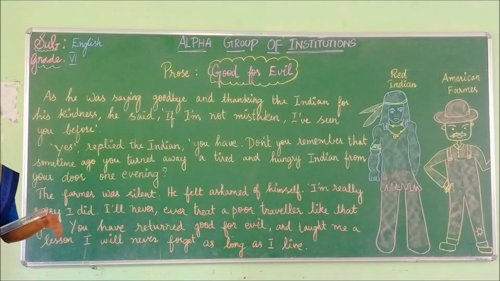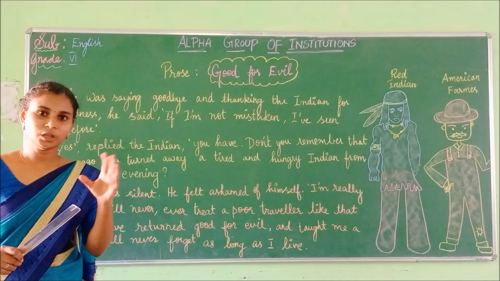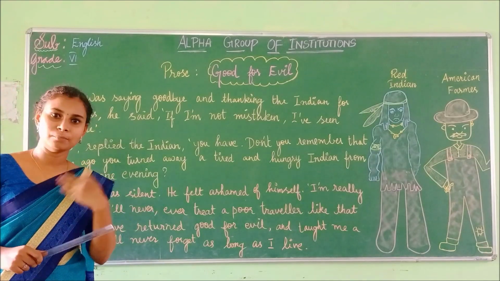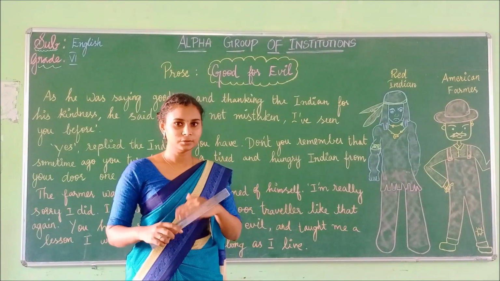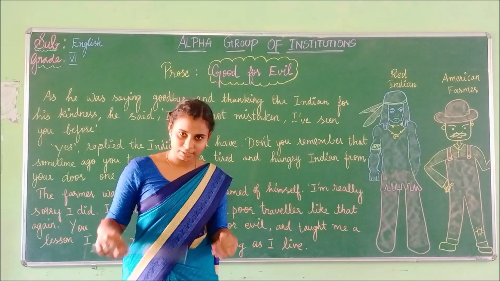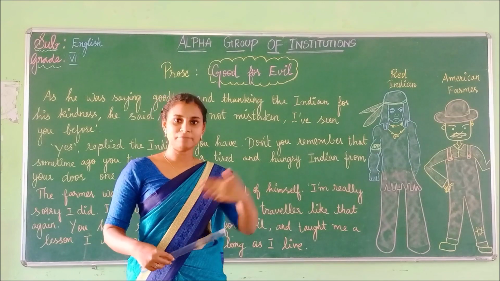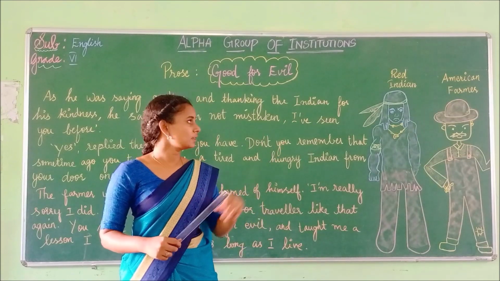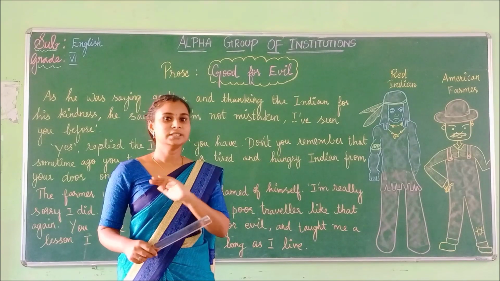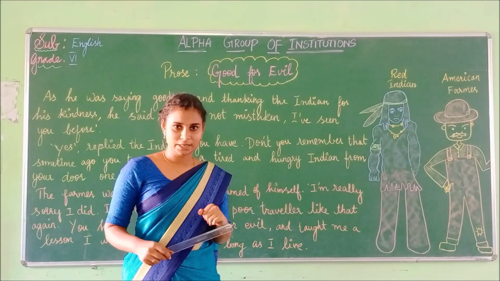So from this lesson we learn that even if someone does a bad thing to us, we should not do the same to them. We should forget it and in return do a good thing for them. In the lesson, the American farmer did not help the Red Indian, right?